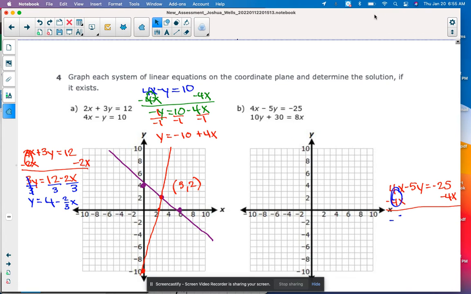This gives us negative 5y equals negative 25 minus 4x. The last thing we need to do is divide by negative 5. And y equals 5 plus 4/5 x.